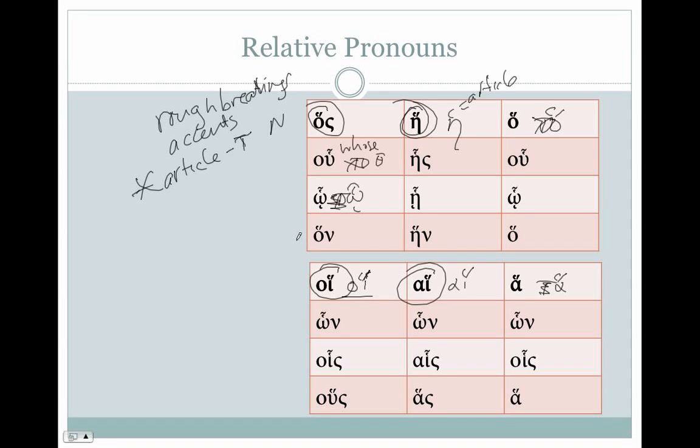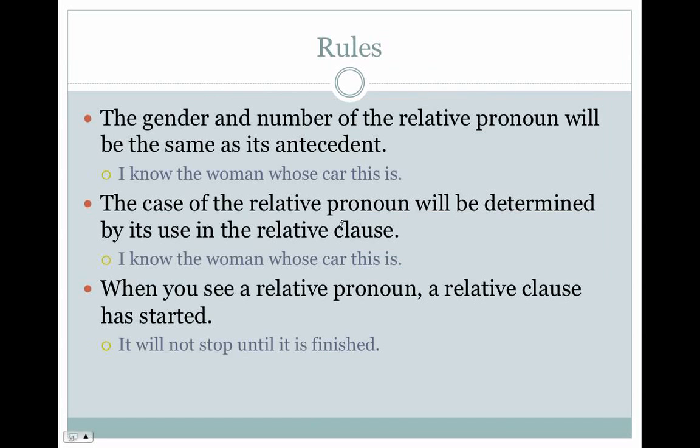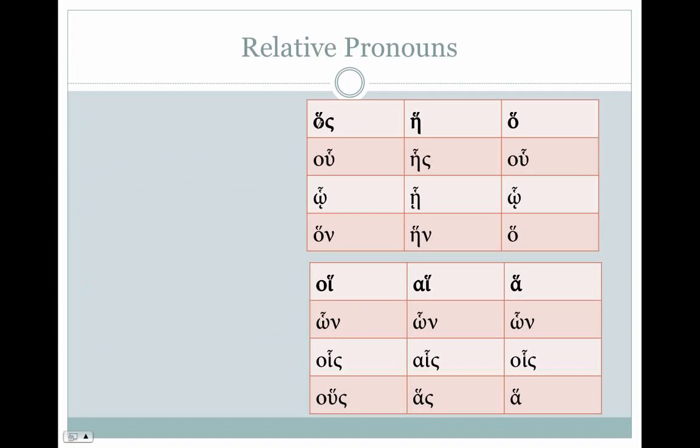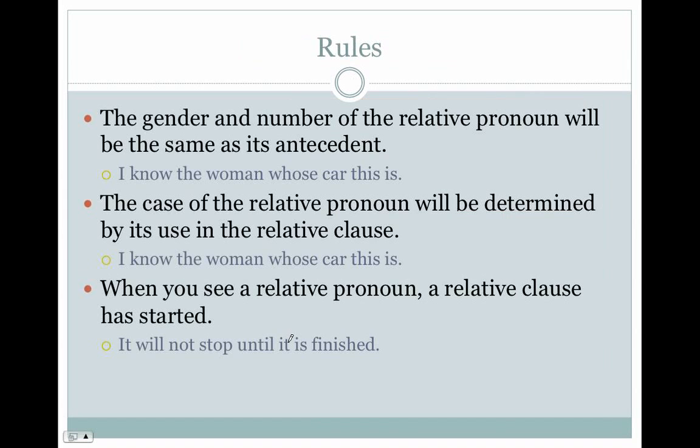All right, now how do we use these? Well, there's some rules. The gender and number of the relative pronoun, so whether we're going to be in this column or this column, singular or plural, will be the same as its antecedent.